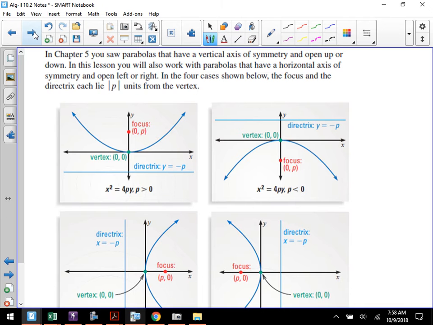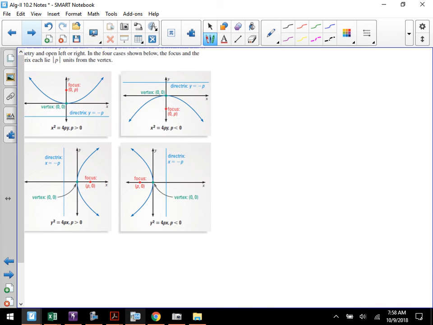Where this is all going to get to, the long way around, is stuff like this. Again, I don't want you to write all this out. It's going to be this idea that an x squared parabola is now going to be written like this: x squared equals 4py.